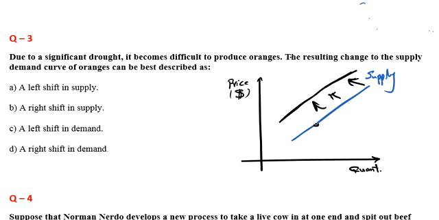For instance, to produce the same quantity, Q0 or Q1, this has a slight shift to the left, and obviously the price will change as well. So the answer will be a left shift in supply.